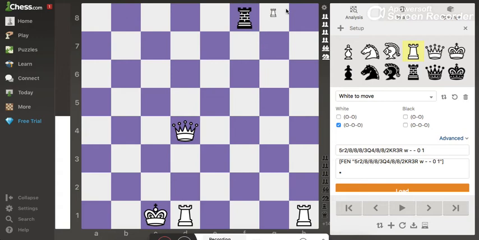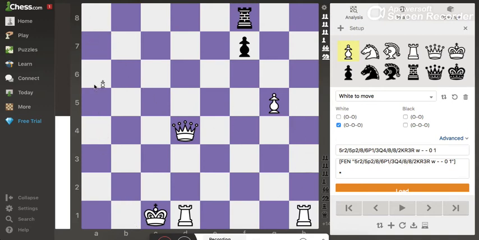So what is en pass? Let me tell you. This is the black, and suppose this is the white. Somehow my white pawn has come to this square. Consider rows 1 to 4 as white's area, and rows 5 to 8 as black's area.